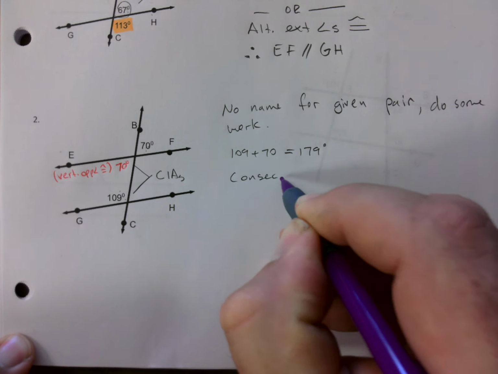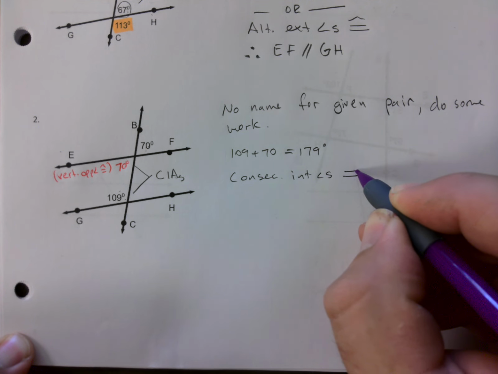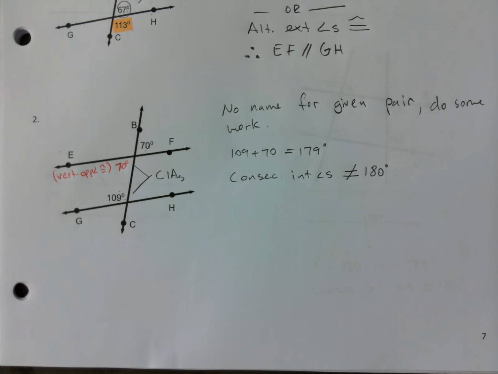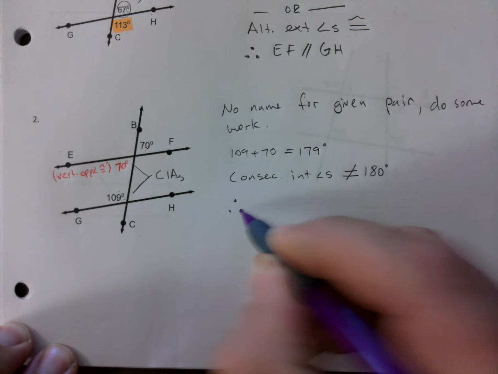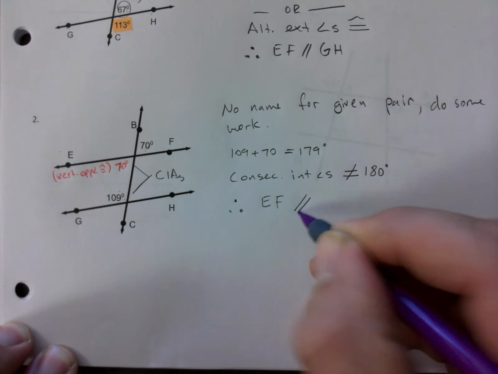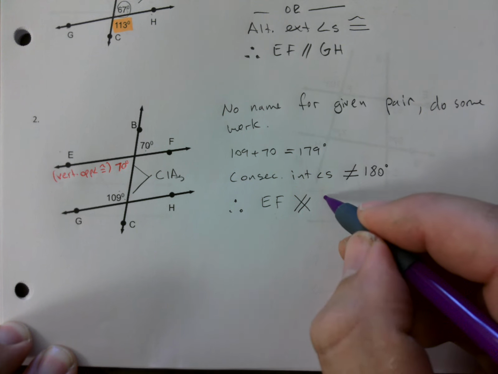Consecutive interior angles do not add up to 180 degrees. They're not supplementary. Therefore, EF is not parallel to GH. So you draw the parallel line symbol and then cross it out.